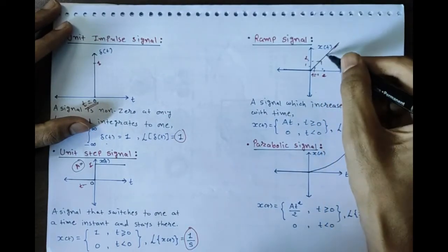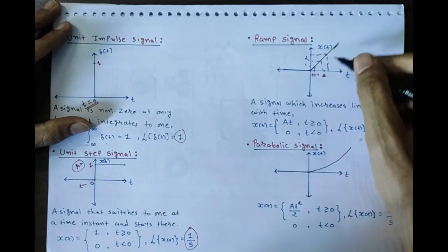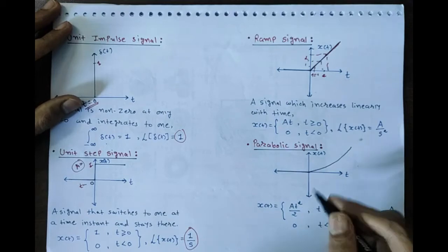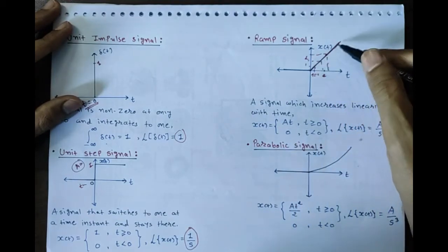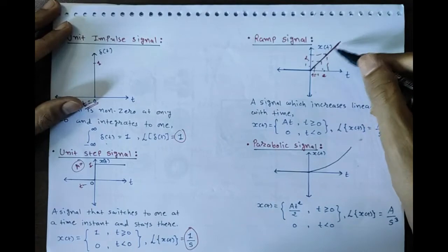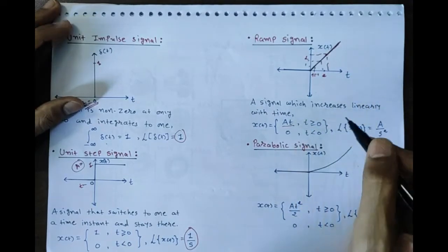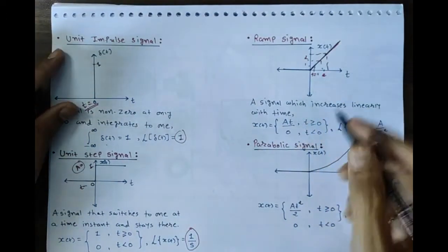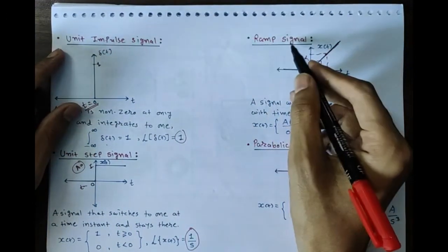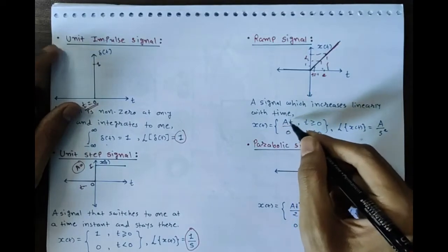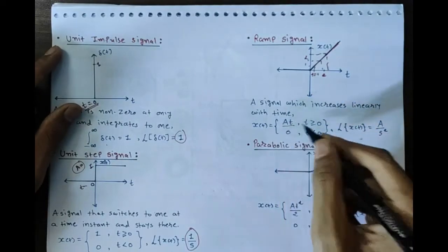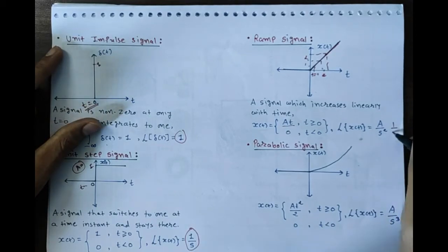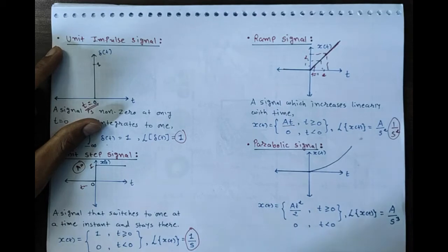If you find some values and join those dots, you will get such a response. It is a line, and the equation for that will be a times t, because the variable is t and a is constant. For a unit ramp signal it will be only t. If you take the Laplace transform, you will get a divided by s square, and for unit it will be 1 divided by s square.